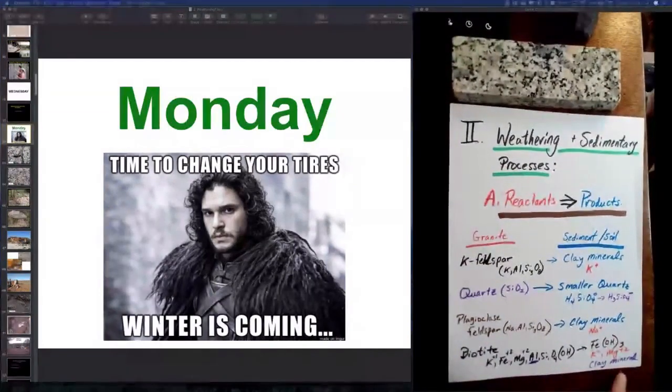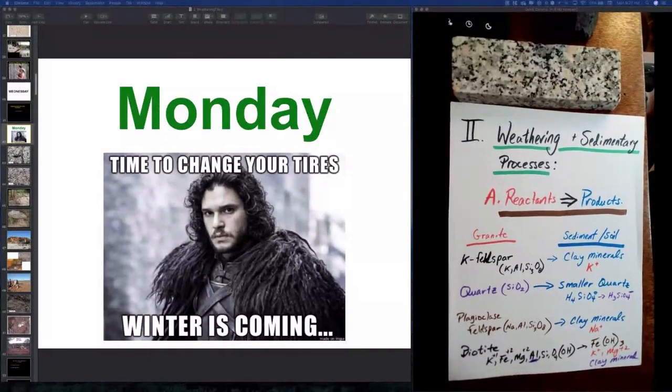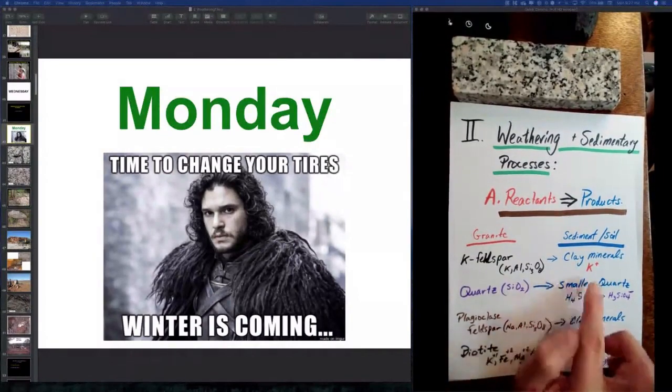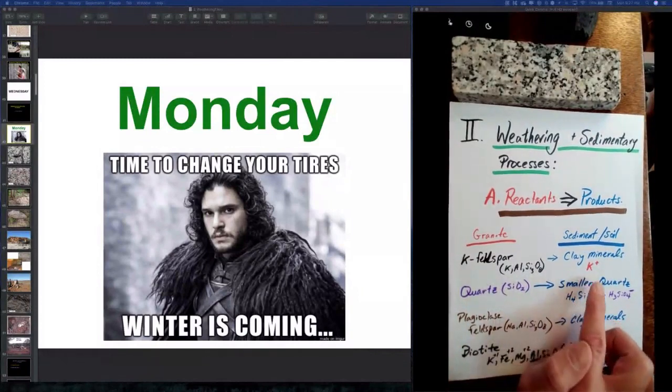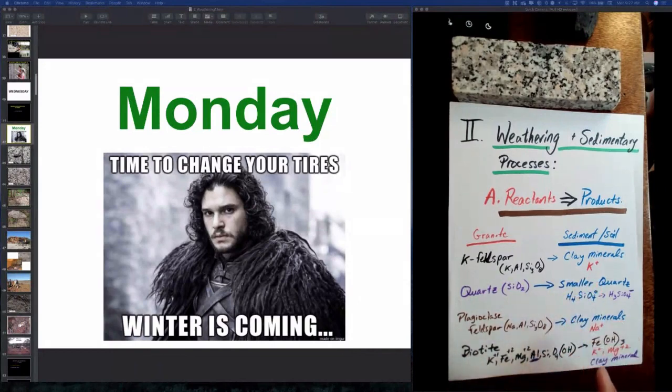Probably chlorite, because it's going to have magnesium and iron in it. And this guy could be a potassium-bearing clay mineral, or it could just be kaolinite, which doesn't have anything like potassium or sodium. And this guy probably is going to be a sodium or calcium-bearing clay mineral. So there's going to be a little bit of difference.